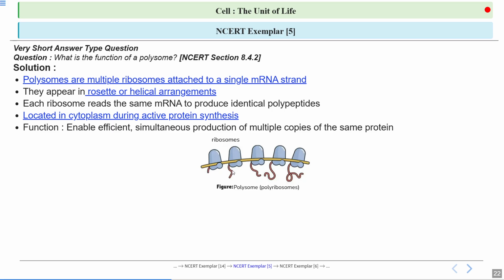The next one is longer than the first because it has read more of the mRNA. The third one has an even longer polypeptide because it has read from here to here. In this way, multiple copies of the same polypeptide can be synthesized by forming this structure, the polysome.